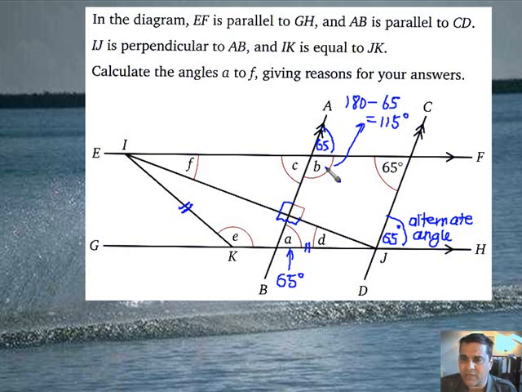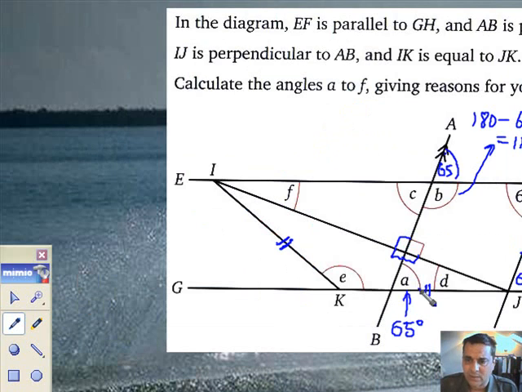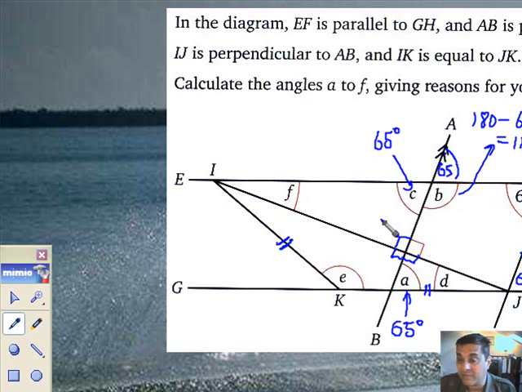You can just see from the calculation what I've done there. So A and B are done. Now what about C? Well, C is going to be vertically opposite to the 65 shown. I can in fact say really that 180 take away B, which is the 115, will leave me 65 anyway. I can see straight away that the 65 shown there is vertically opposite to angle C, so I'm going to write the word vertically opposite, so I've not used that yet.